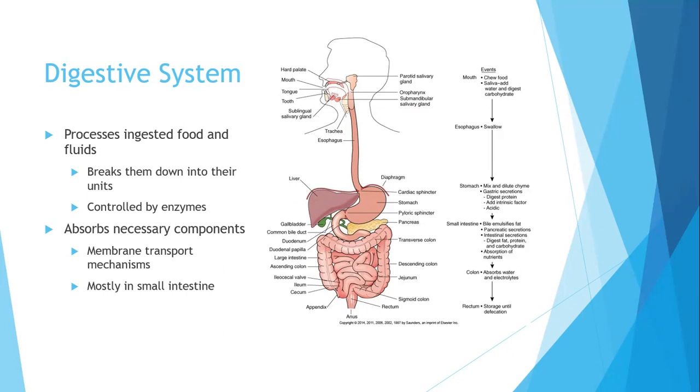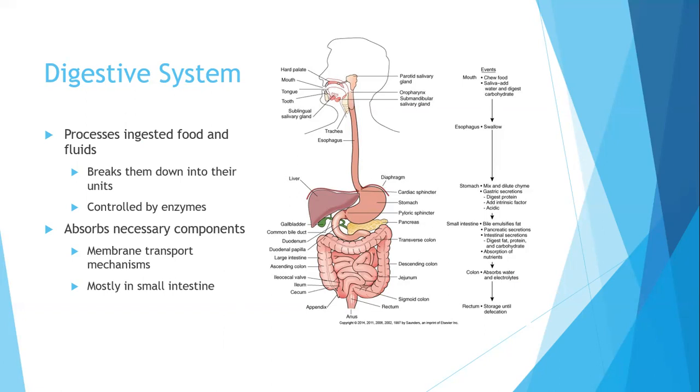So the digestive system's job is to process ingested food and fluids and break them down with enzymes. We have mechanical breakdown with chewing. We have chemical breakdown in the stomach, and we have chemical breakdown throughout the intestines with enzymes. It's controlled by enzymes, and a lot of our hunger and satiation, how satisfied we are with our food, is controlled by hormones as well.